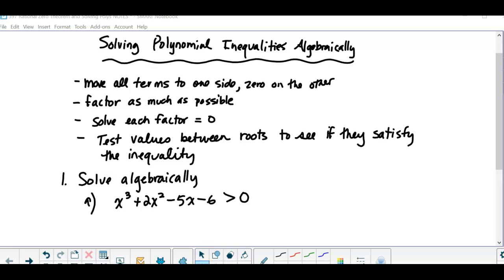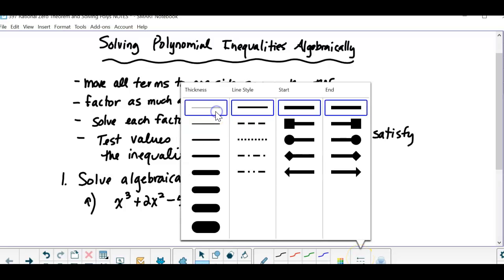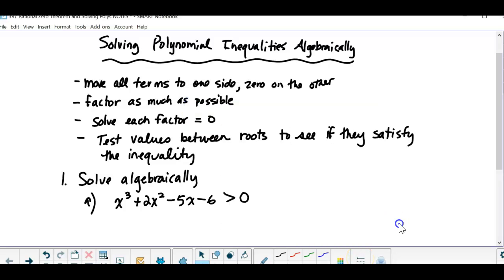Okay? So, basic steps. In all of these, if we're solving a polynomial equation, move all the terms so you get one side equal to 0. Then factor as much as possible using the factor theorem. So find your potential zeros.